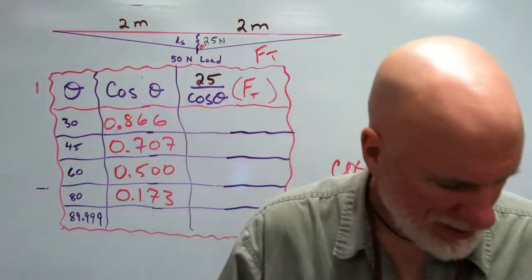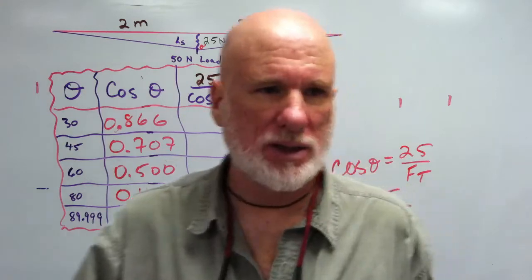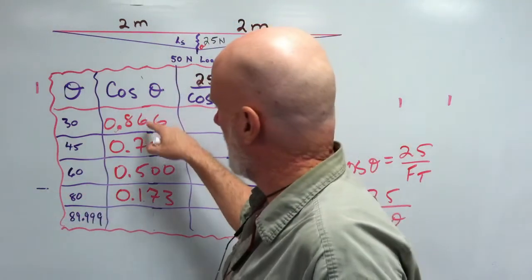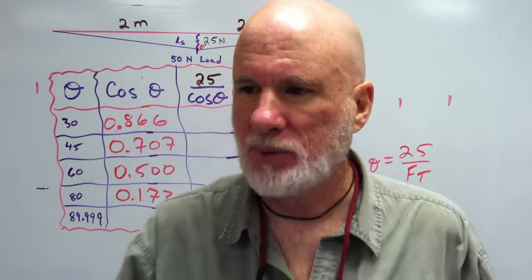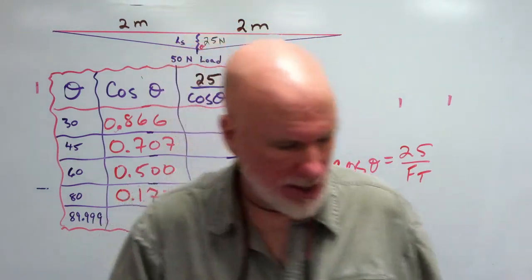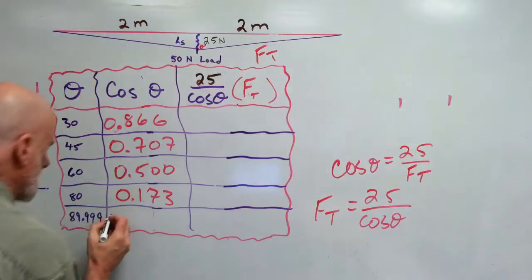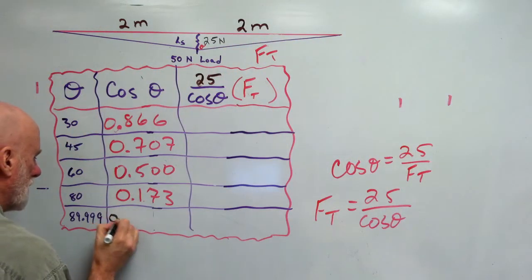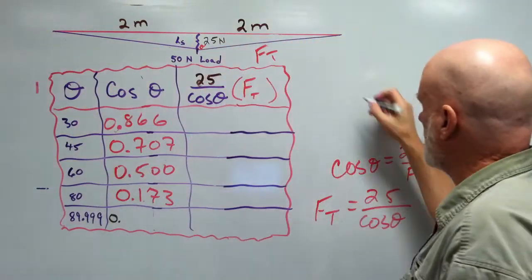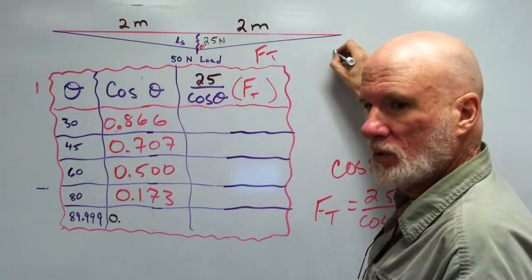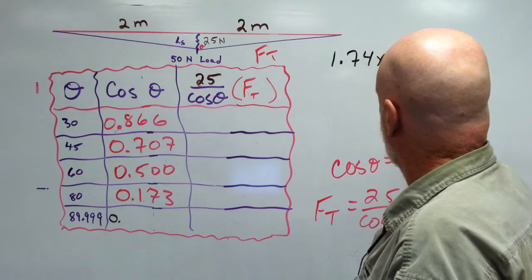Be patient with this. This is going to be a really, really small number. You see how the numbers are getting progressively smaller? What do you got? I got scientific notation, 1.74 times 10 to the negative 5th.